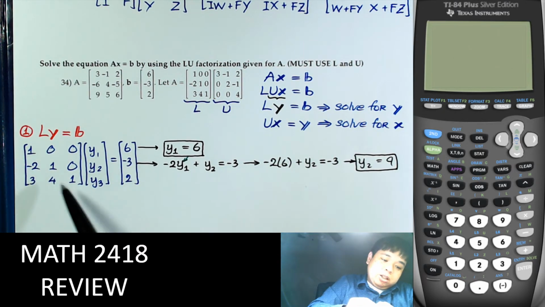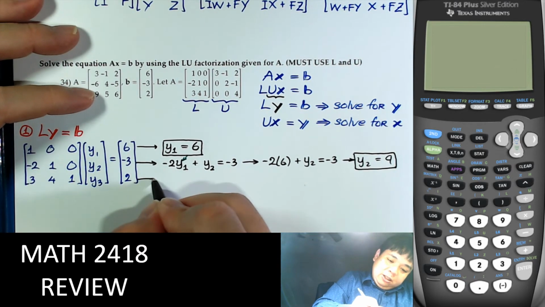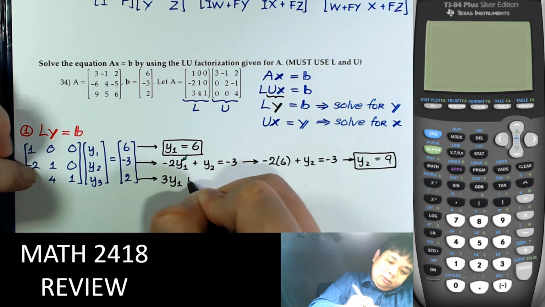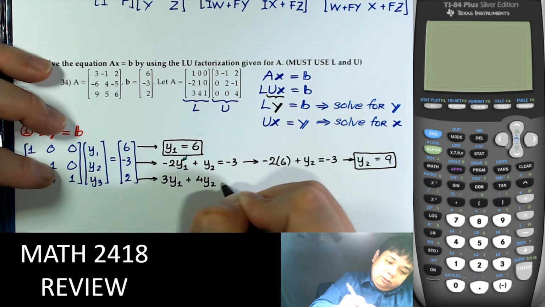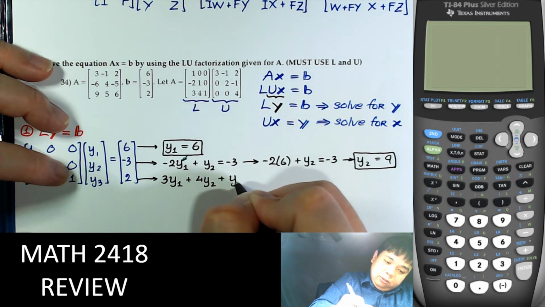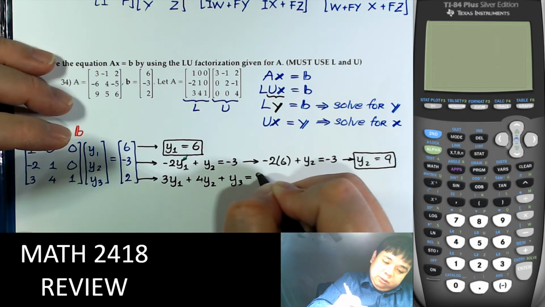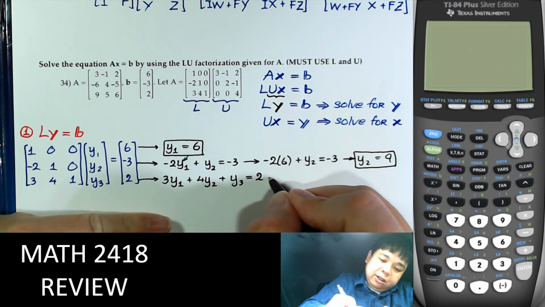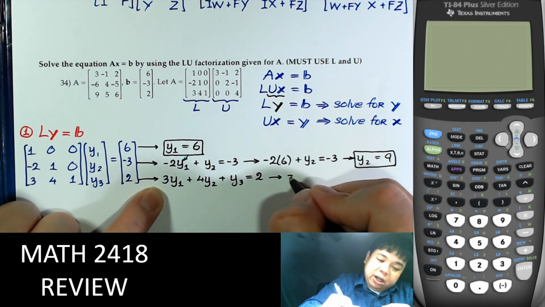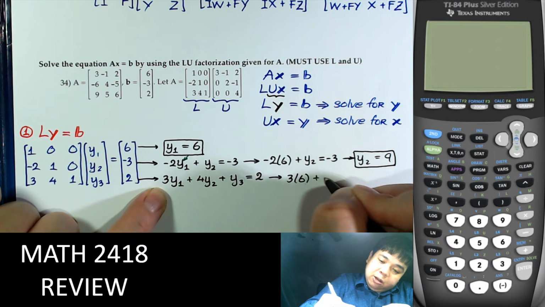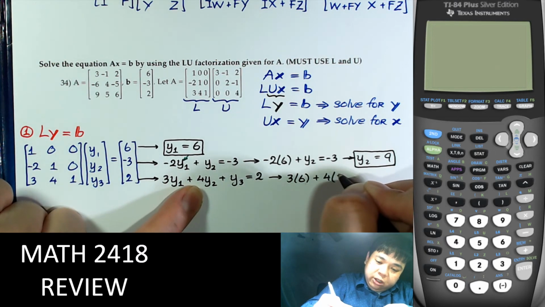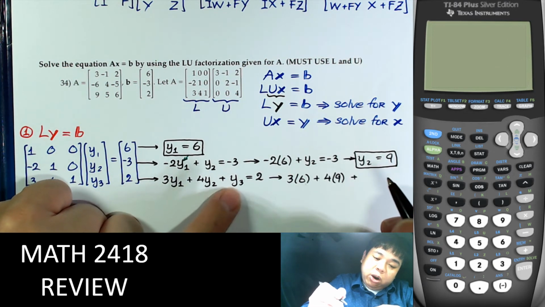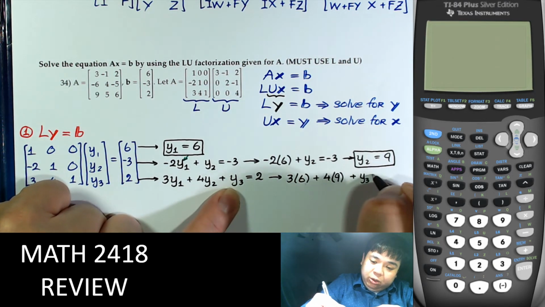And now we substitute this into this last equation. So substituting, we have 3 times 6 plus 4 times Y2, which is 9, plus Y3, which we don't know, equal to 2.